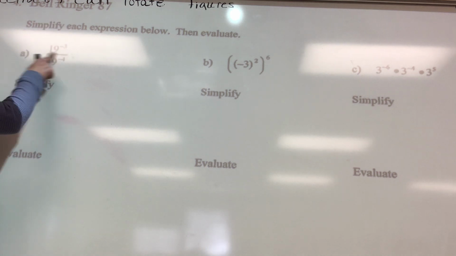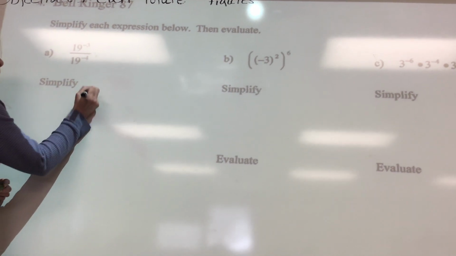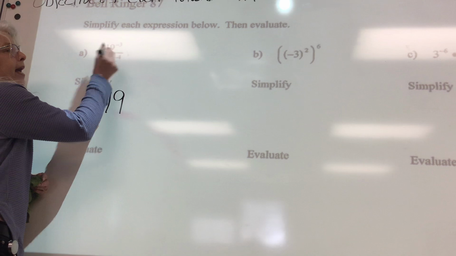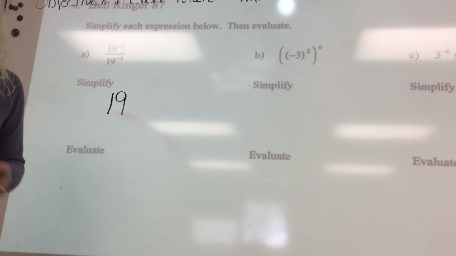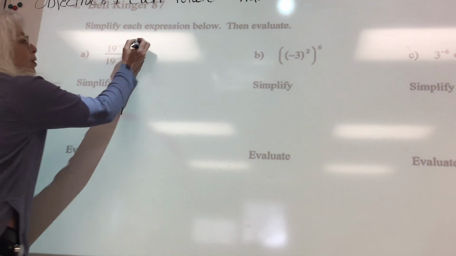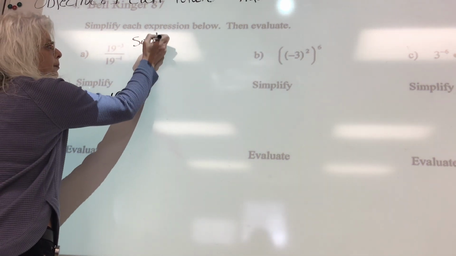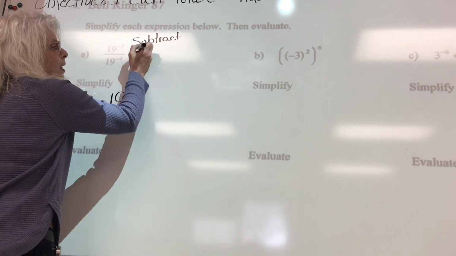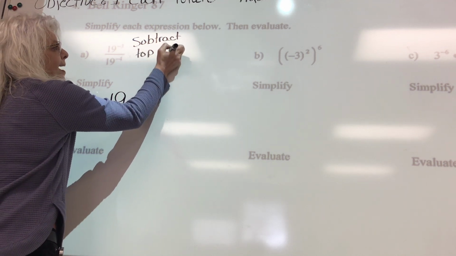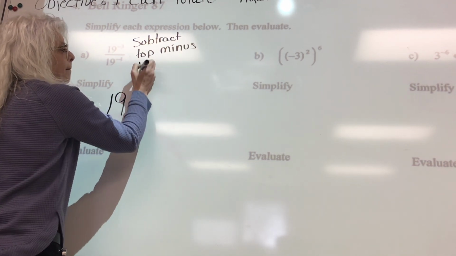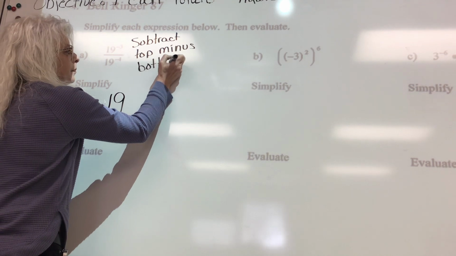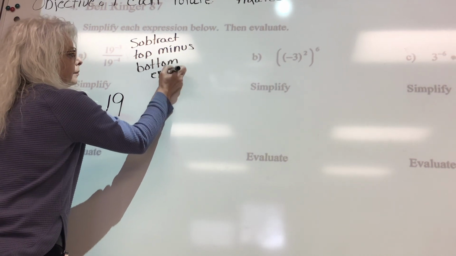So in order to do the shortcut, I'm going to write the base down. And then since this is a division problem, am I going to add, subtract, or multiply the exponents? Subtract. So I'm going to subtract top minus bottom exponent.